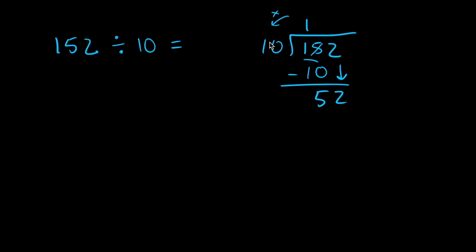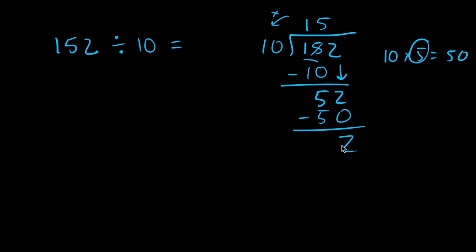How many times can you fit 10 into 52? 5. 10 times 5 is 50. So 5 goes up here, and then 5 times 10 is 50. Then subtract 52 minus 50, that's 2. How many times can you fit 10 into 2? You cannot. So your remainder will be 2.